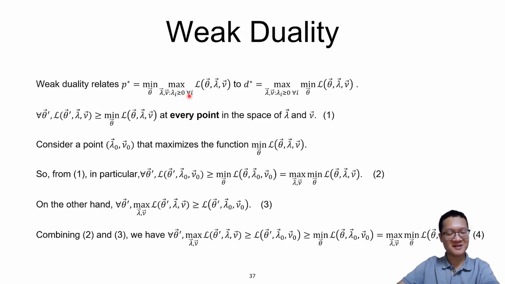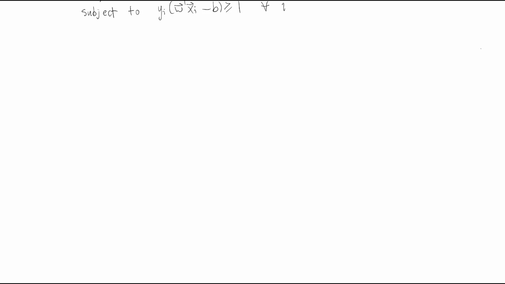Probably it will make more sense to do this on the written notes. So weak duality relates P star to D star. So let's write those down. P star equals min over theta, max over lambda and nu, where the lambda_i's must be non-negative, of the L function, which is the Lagrangian, of theta, lambda, nu.